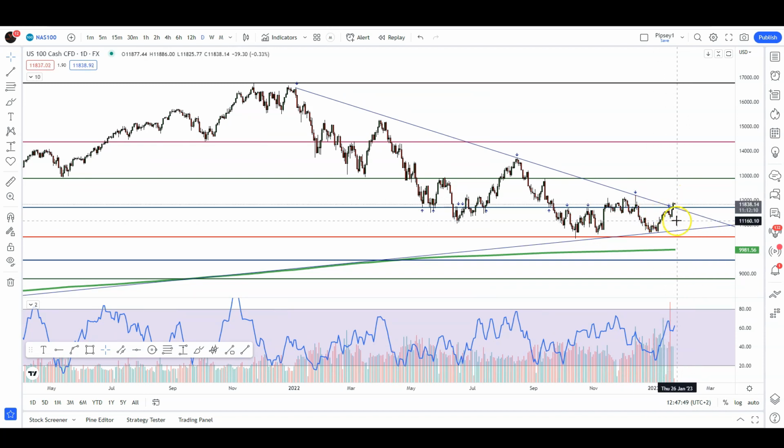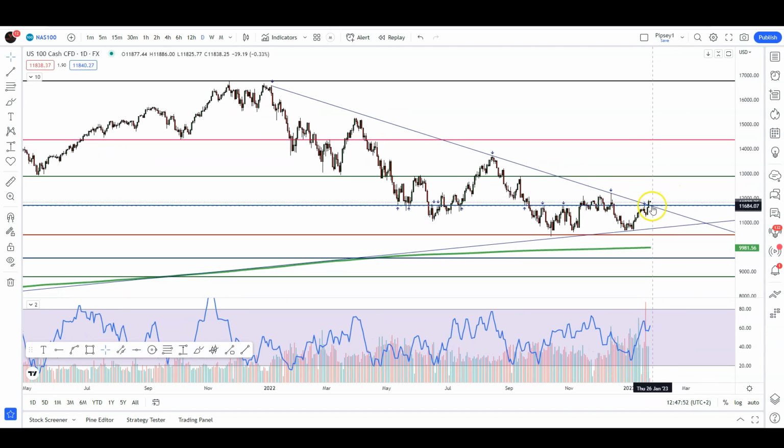So we have that now going for us, that there's a potential support area for us to look at over here.